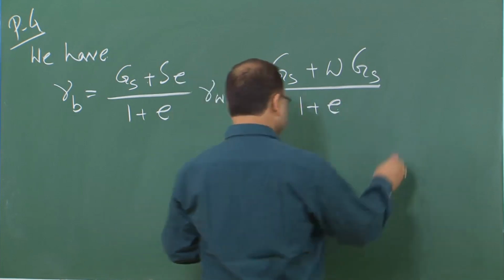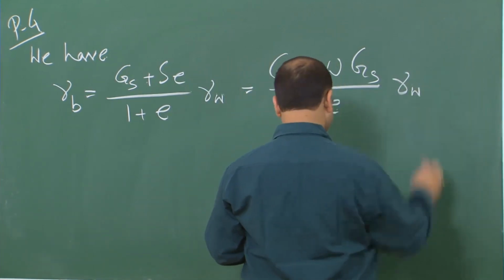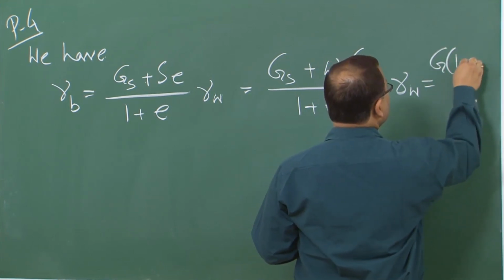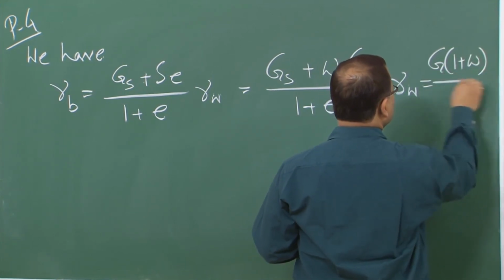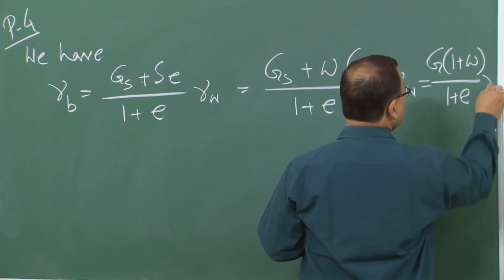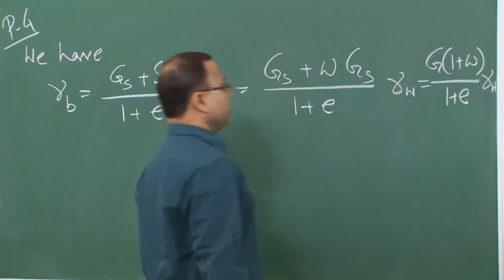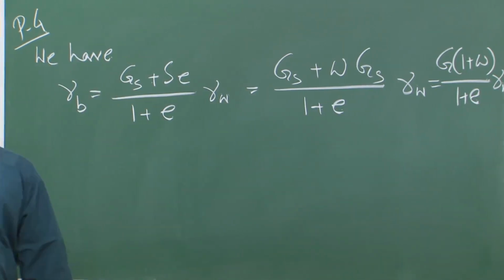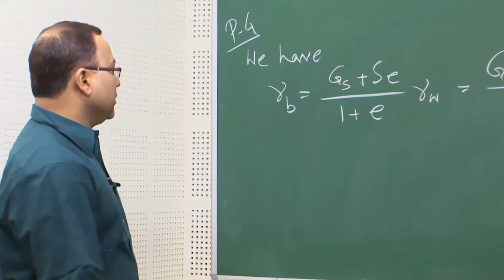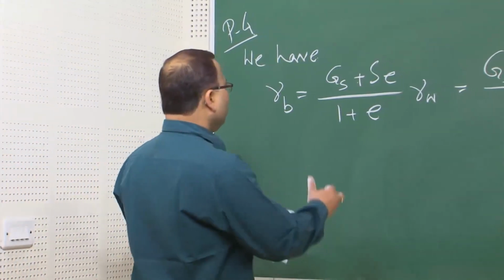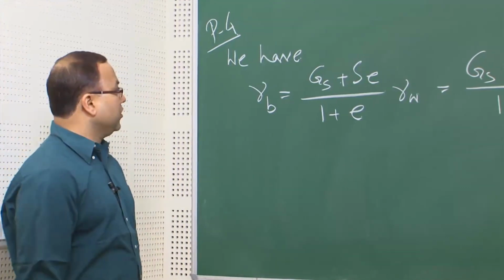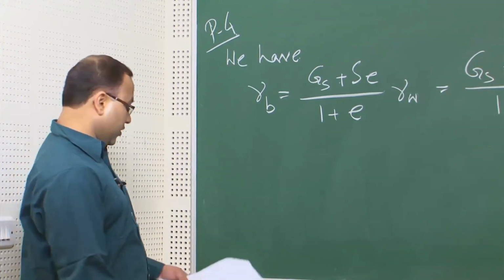So, this can be written as Gs into (1 plus w) divided by (1 plus e), into gamma W. This is the relation we can establish among these parameters, and a few parameters are known to you from the problem. So, you need to find out the void ratio.